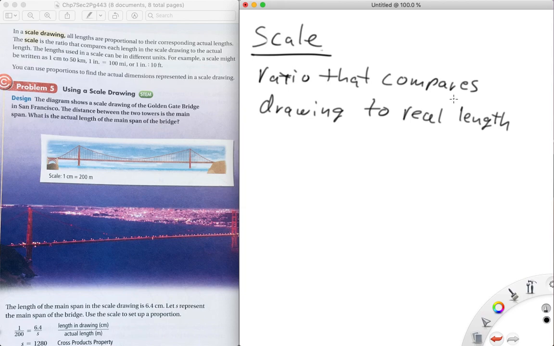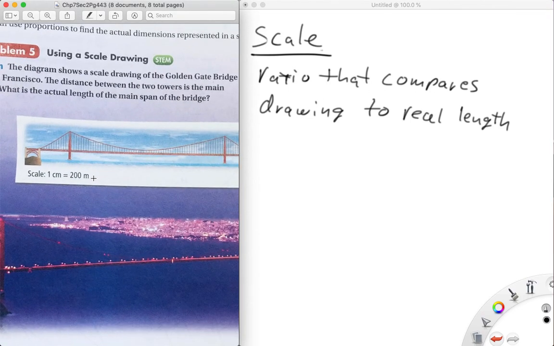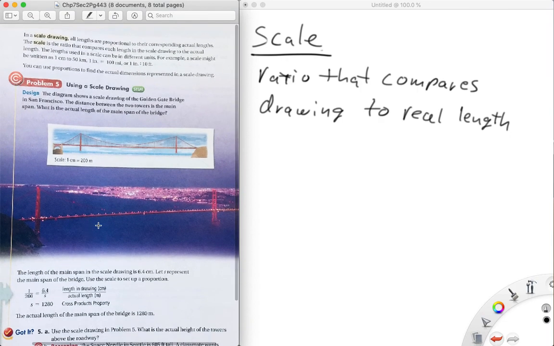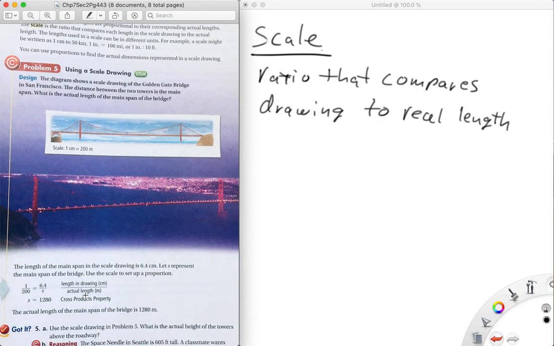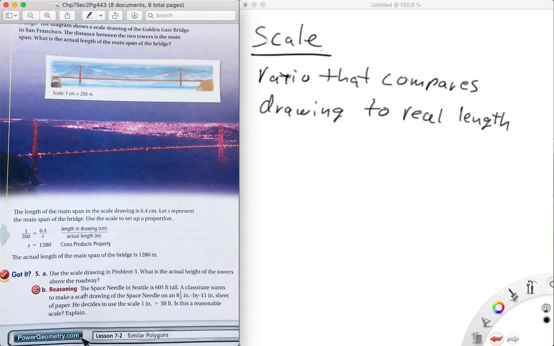Whatever that may be. Here we have a drawing of the Golden Gate. Here the scale is 1 centimeter to 200 meters. So 1 centimeter on this drawing is representative of 200 meters on the bridge. So here it says the scale drawing in problem 5 was the actual height of the towers above the roadway.